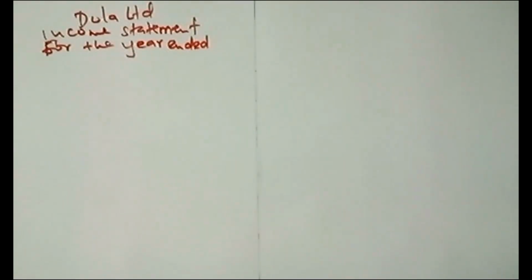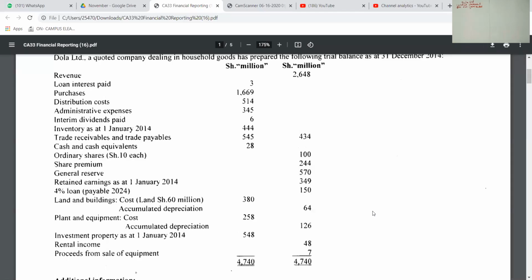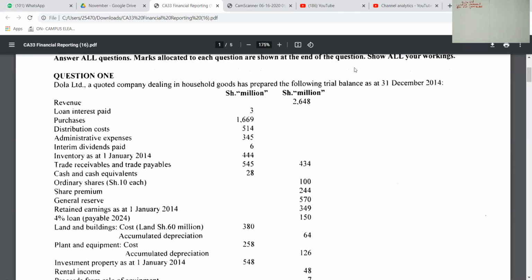Our question was for the year ending 31st December 2014, because I can see the trial balance is as at 31st December 2014.